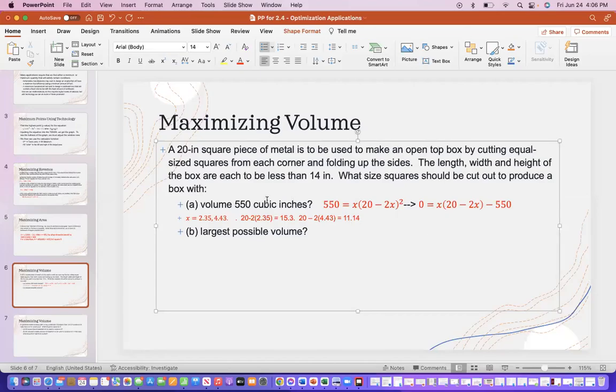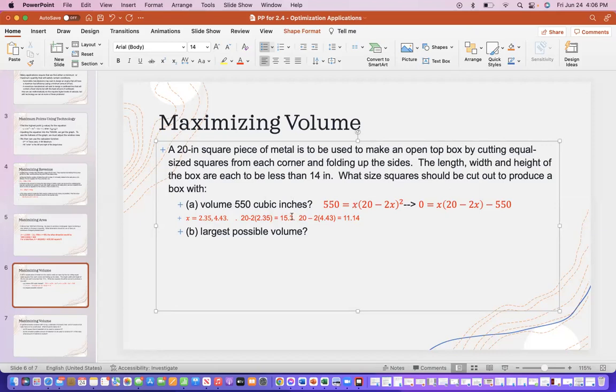So for those two solutions, I need to look at what they produce for the other side, because one of the stipulations we had was that each of the sides needed to be less than 14 inches. So with x being 2.35, that's our height, the thickness of the box, and 2.35 times 2, subtracting from 20, I had this times 2 of those.